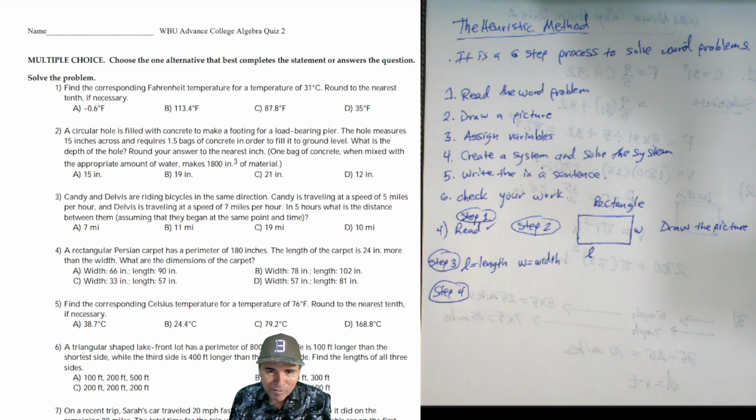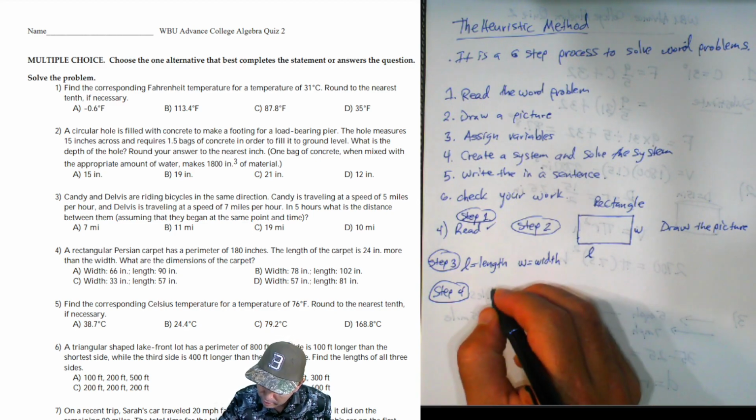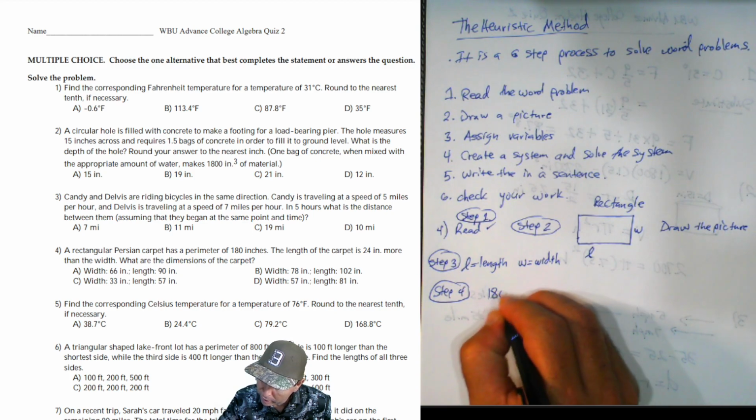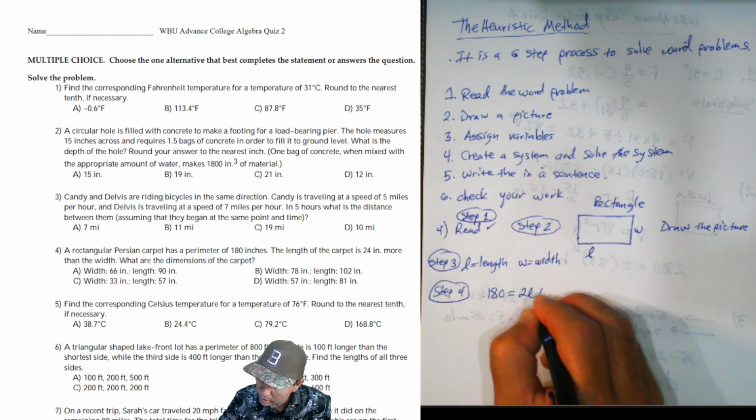This is the algebra. This is why I get paid the big bucks, right? Okay, so step 4, you have to actually read the word problem and try to convert it into an algebraic statement or equation. It says there that the perimeter is 180 inches. If you recall from quiz 1, the perimeter is equal to twice the length plus twice the width.